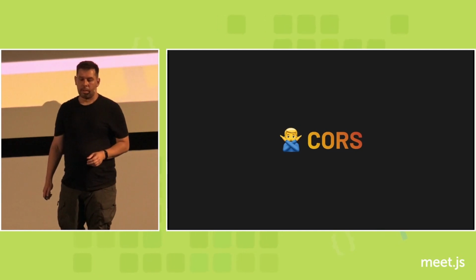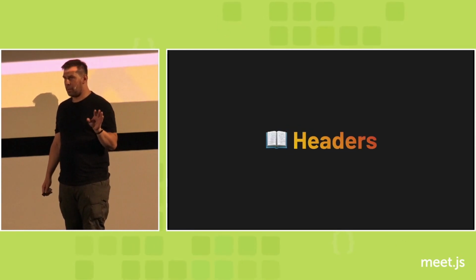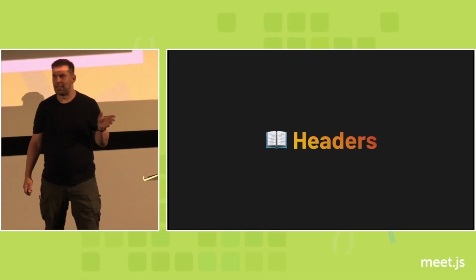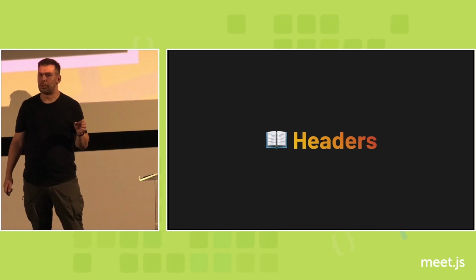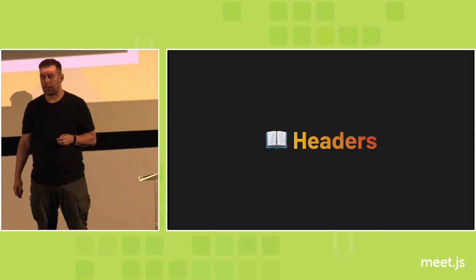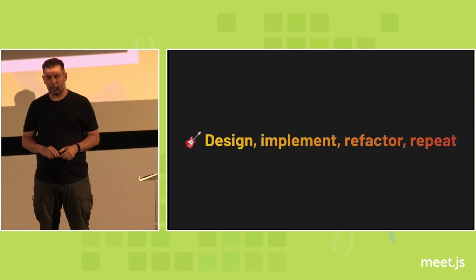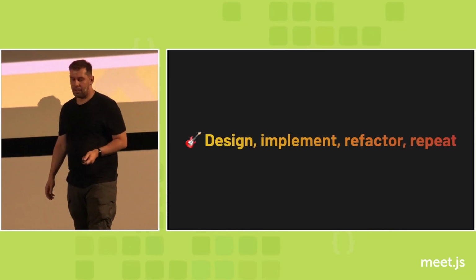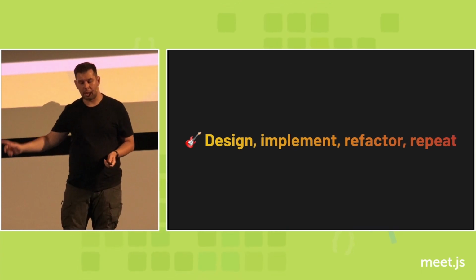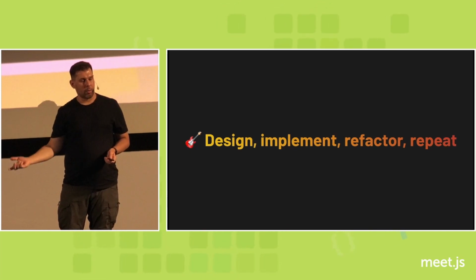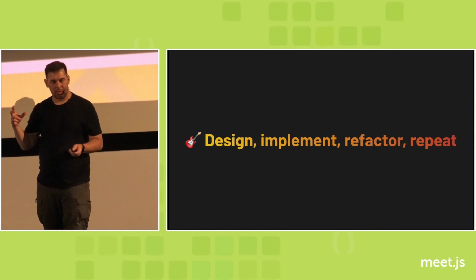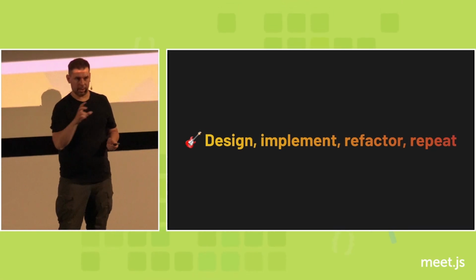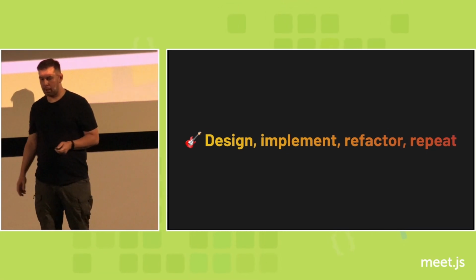Of course, you can set headers, but in some situations there is a polyfill, for example, if you want to use a token for the communications. And always remember to design in terms of creating architecture, implement, refactor, and repeat, because there is no easy solution for implementing that for each scenario. You need to make experiments for that.